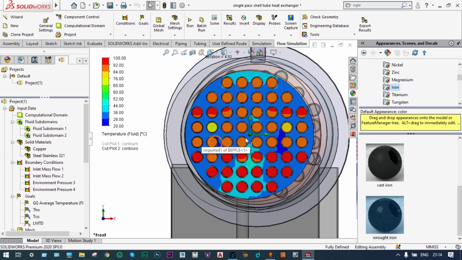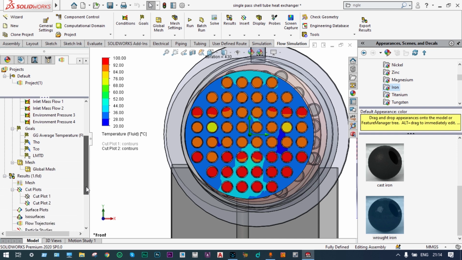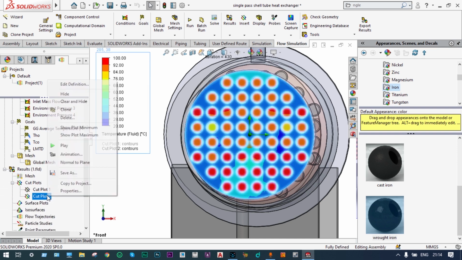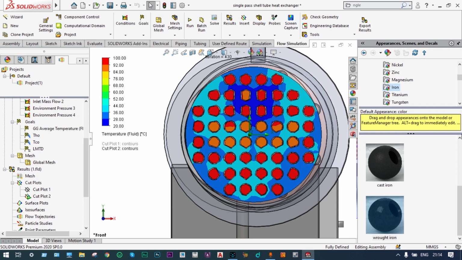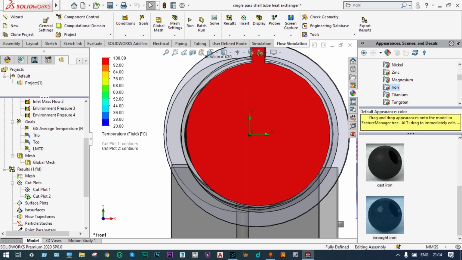Now the color distribution shows the temperature throughout these pipes, and these vacant spaces are actually indicating the coolant or cold water temperature difference. Okay, so we'll see these things in the form of an animation. Cut plot 2. Let's play this part. This is at the exit point.